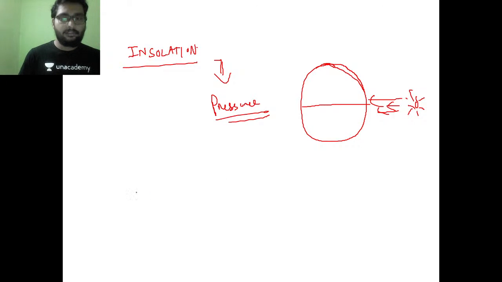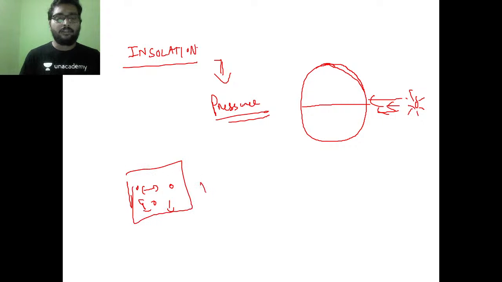As the insolation is high, there will be more intermolecular space between different particles, and hence there will be increase in the volume. Increase in the volume means the density will decrease. Density is equal to mass by volume.